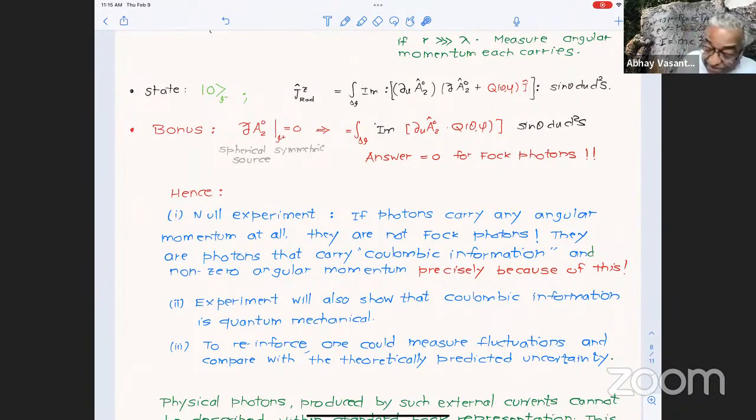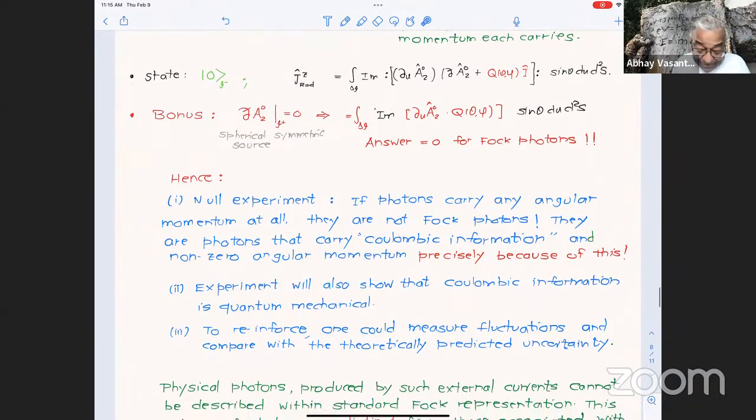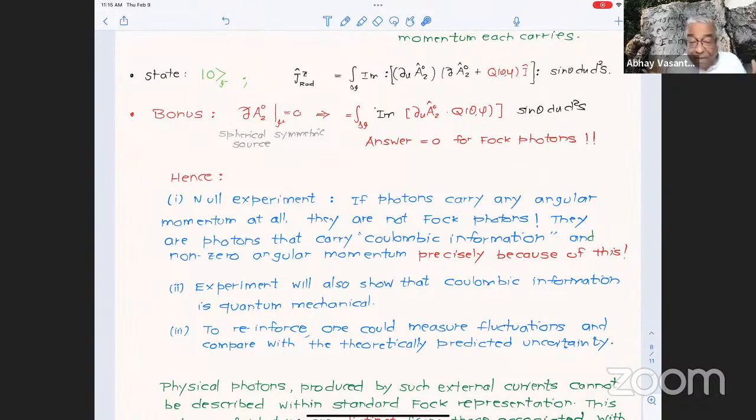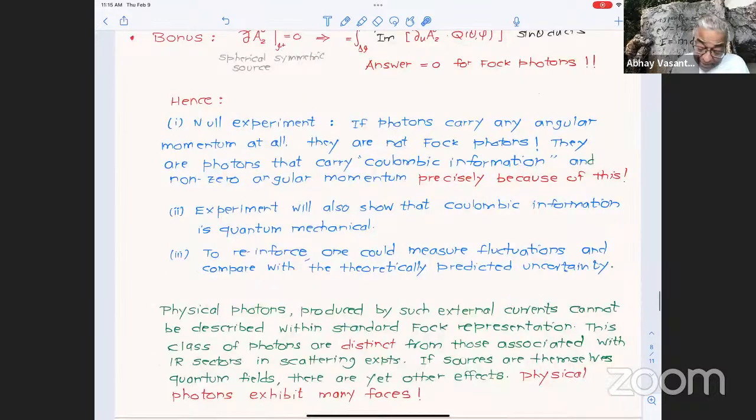And the statement is that these new photons, if you like, are going to carry angular momentum. I strongly believe so. Otherwise, there is something wrong with the whole picture that I got up here. As soon as you see that they carry some angular momentum, you know that they are not the Fock photons. The second is that the experiment will also show that the Coulombic information is quantum mechanical.